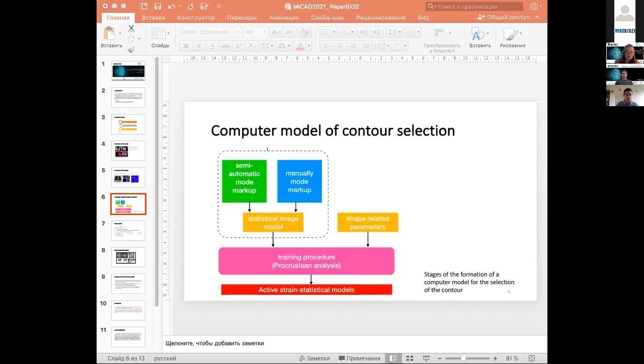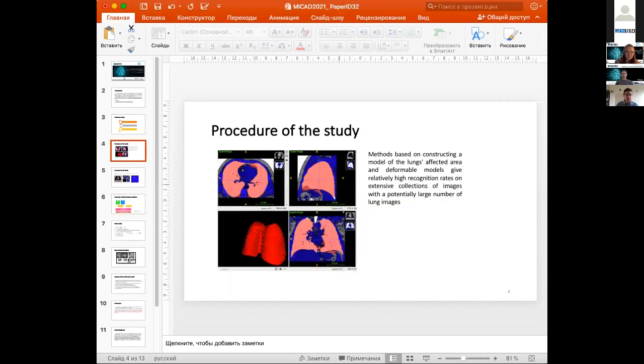Markup of images is done manually or in a semi-automatic mode, using an algorithm to find approximate mark location, and then they are clarified by an expert. Each mark has its number and defines a characteristic point that the model will have to find during adaptation to the new image. Example of a markup on this slide.